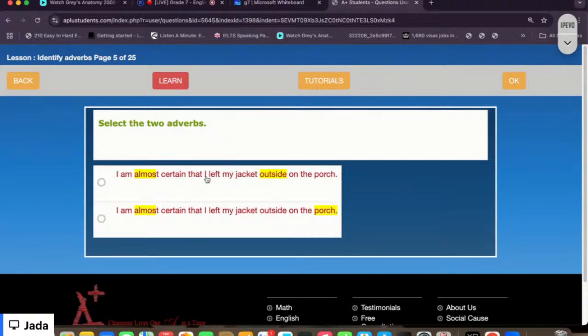I am almost certain that I left my jacket outside on the porch. So what are the two adverbs here?